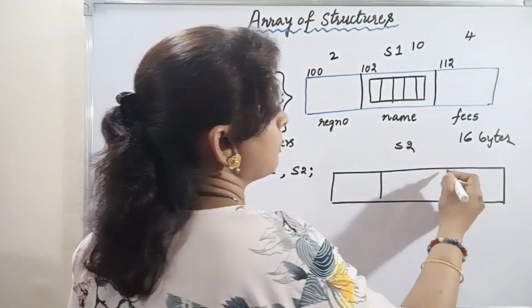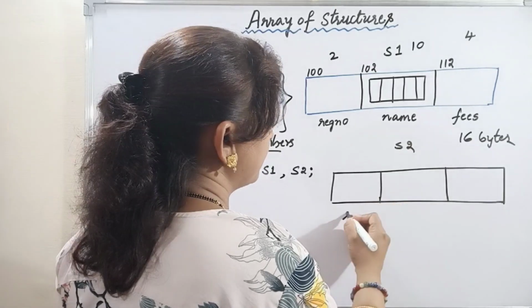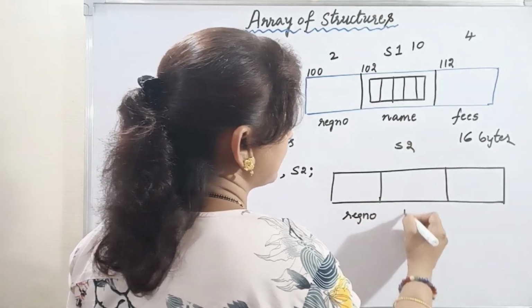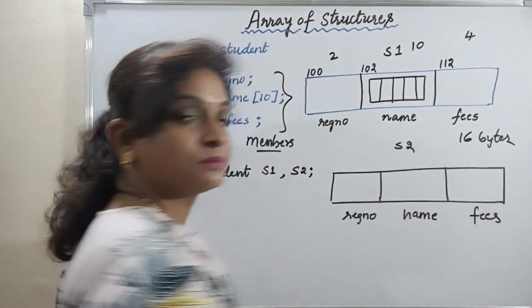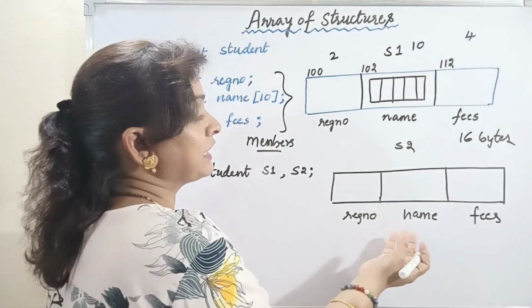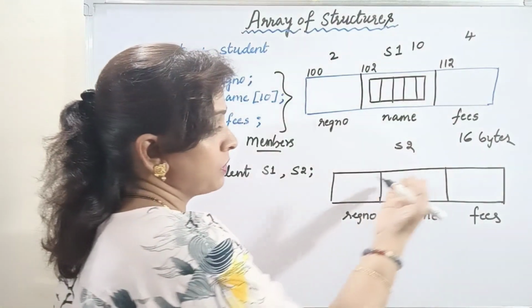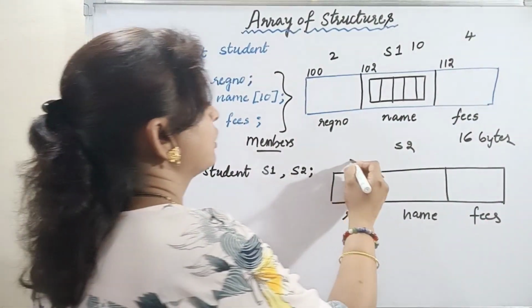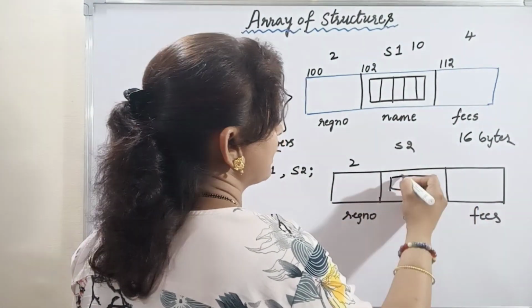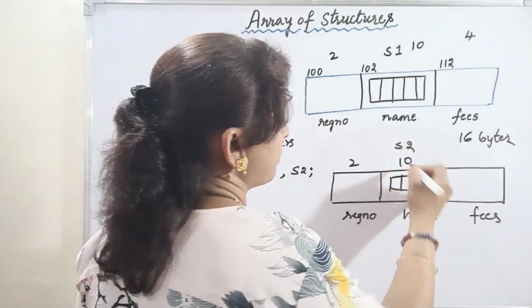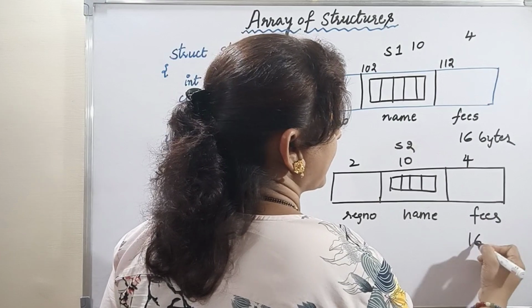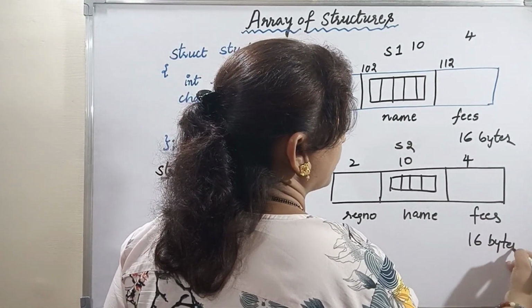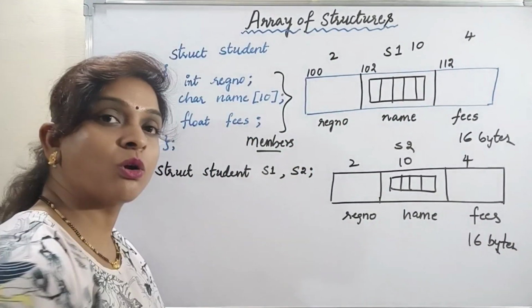I get the memory for register number, then name and then fees, so I can store the details of the next student. Again 2 bytes, and since name is an array, I get 10 bytes because the dimension is 10, then 4. Again 16 bytes of memory is allocated for S2 also.